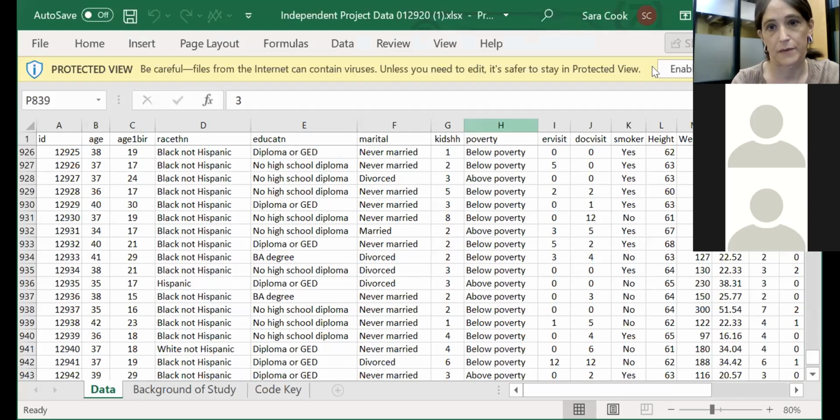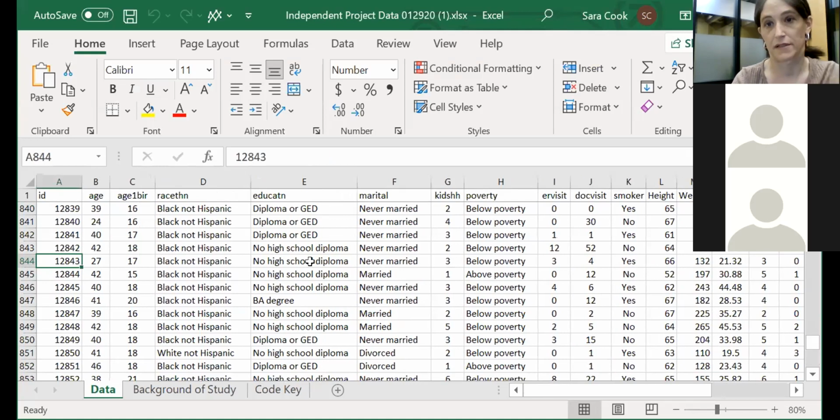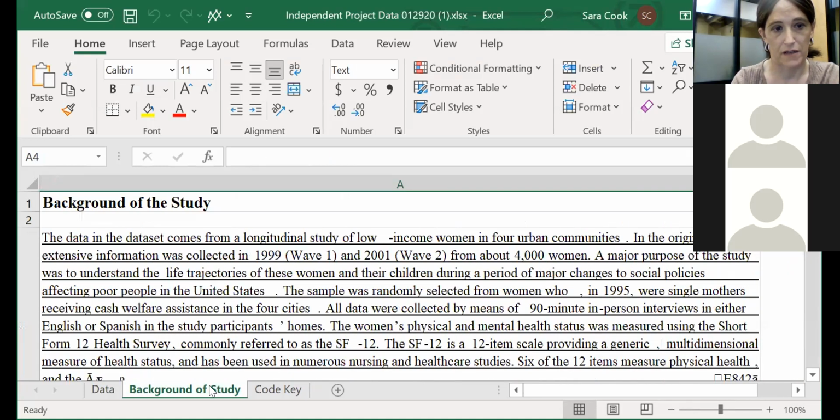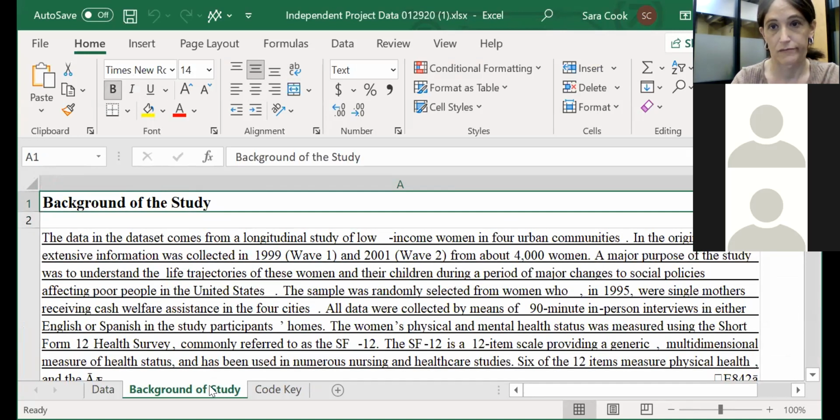In this Excel document, looks really familiar, right? StatCrunch looks a lot like Excel. You'll see here the main tab is the data, but then for the background of the study, there's a narrative of where this came from. That's optional.